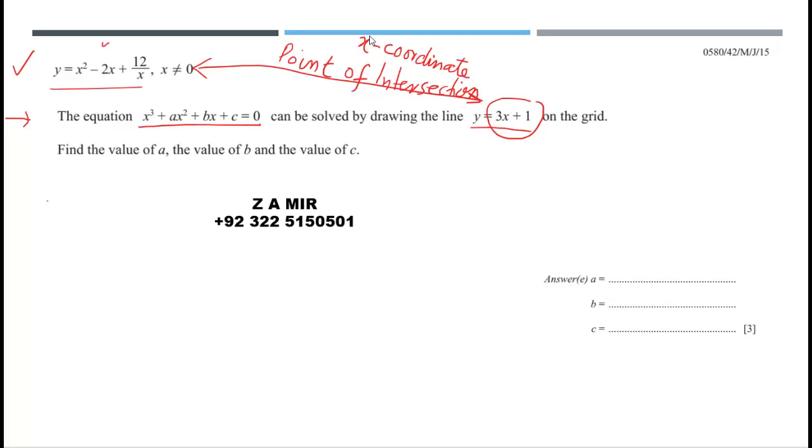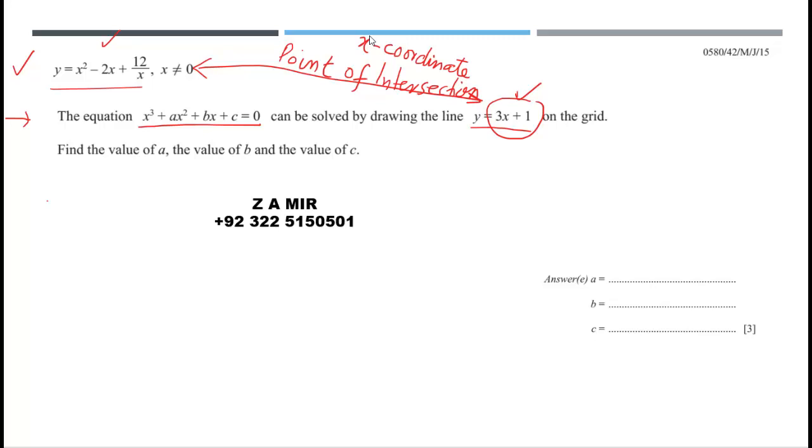So this graph is already drawn in the previous part, and we will draw this one on the same graph paper where they both cut each other. So the x coordinate of the point of intersection will be the solution of these two.